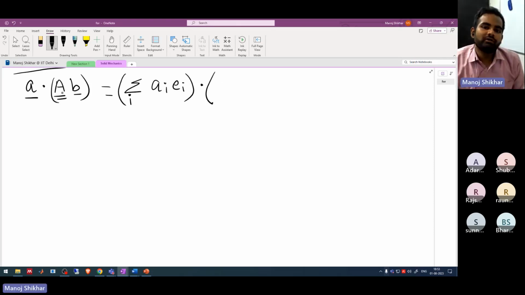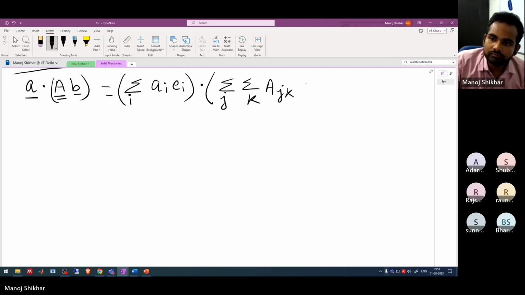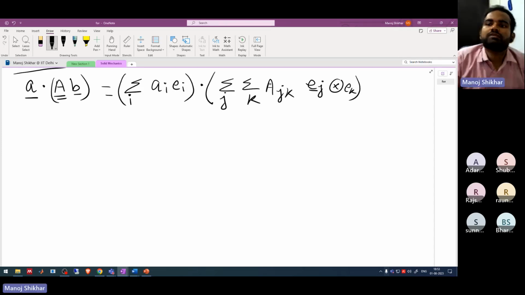Does anybody remember how we write AB using index notation? So you can see this is how you write a second order tensor using index notation.